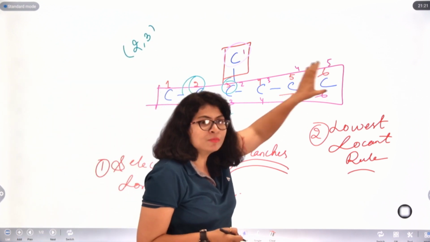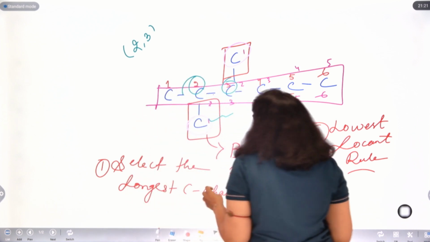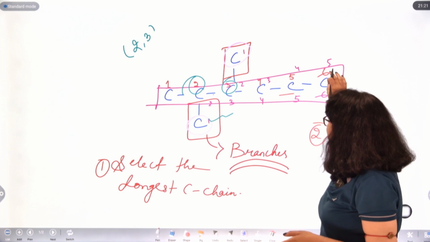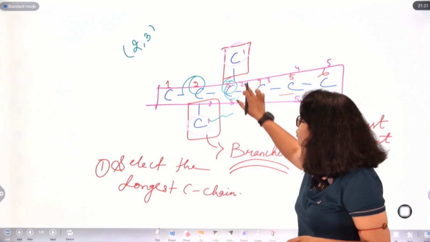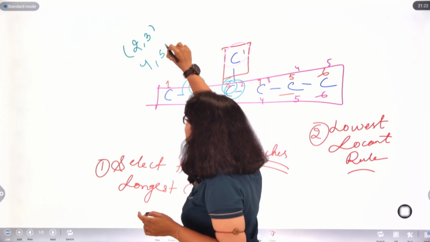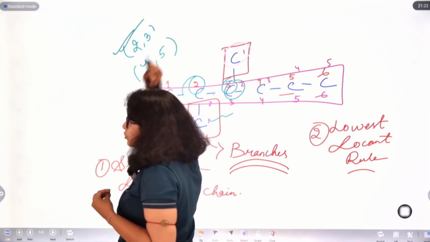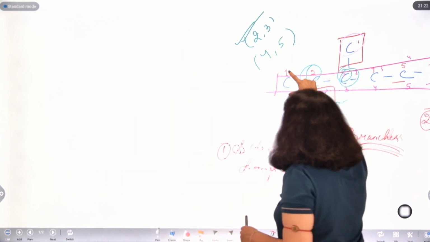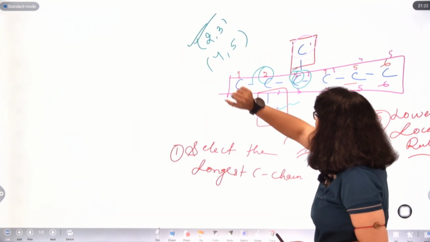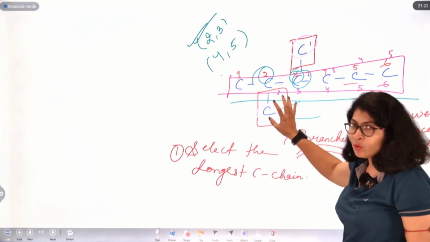If I come from the other side, that's another possibility. If I'm naming from this side, it is pretty evident that after the third carbon, this will be the fourth carbon, right? So the set of locants I will be getting is the fourth position and next the fifth position. So obviously I will go with the 2-3 combination. So this will be my order of naming, and I will go this way.